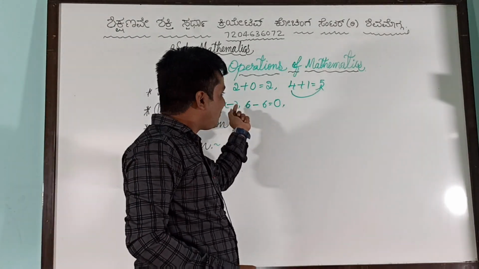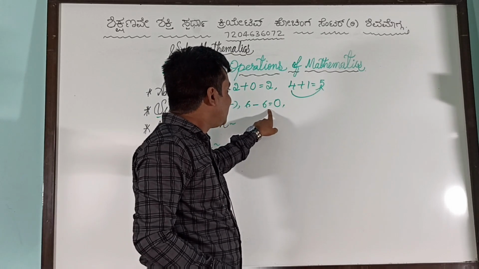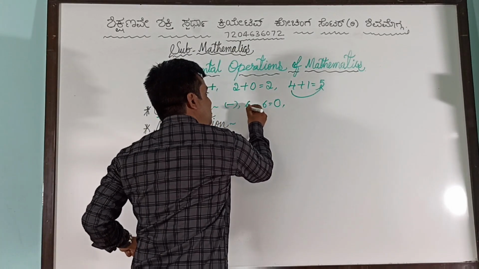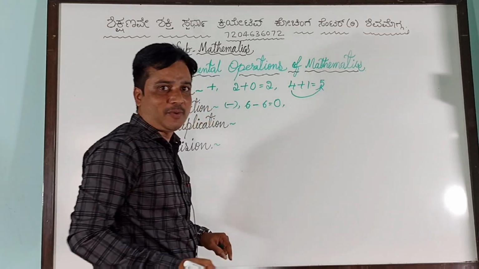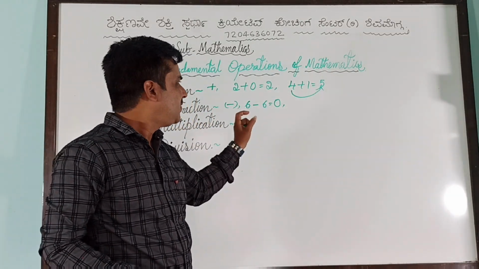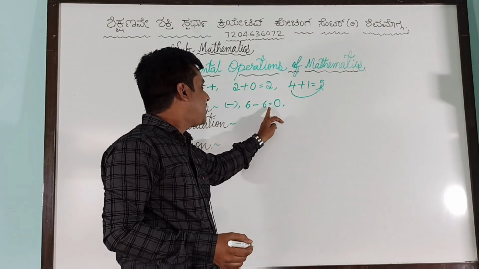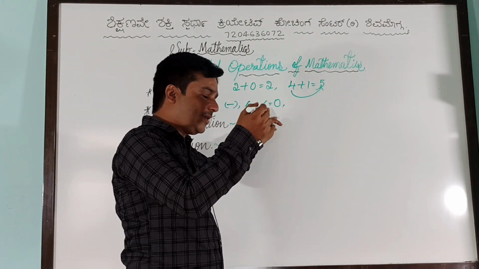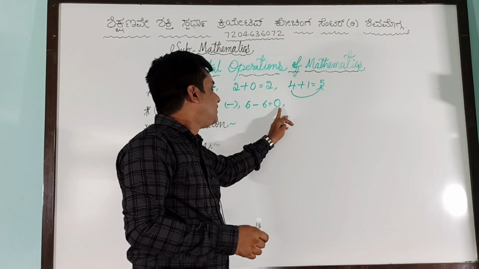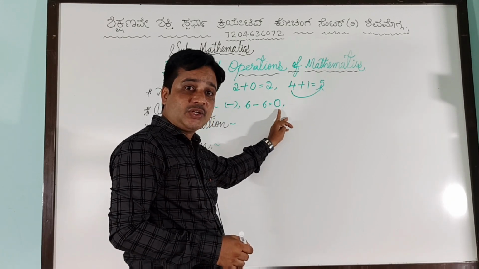Any number subtracted from the same number, the difference will be 0. This is the first property. Okay, this one we have to keep in our mind.